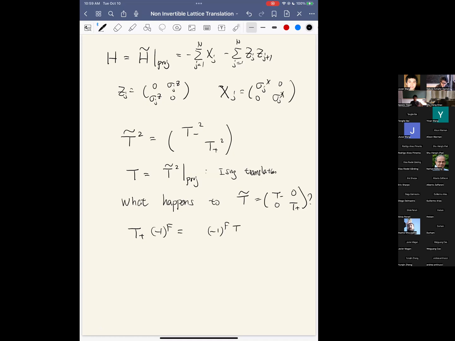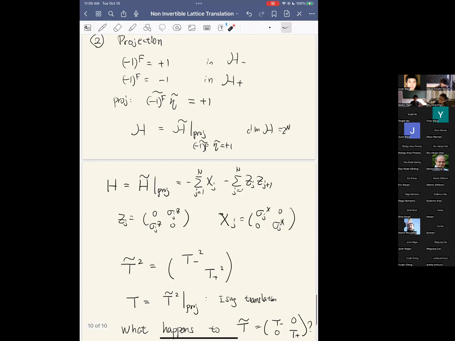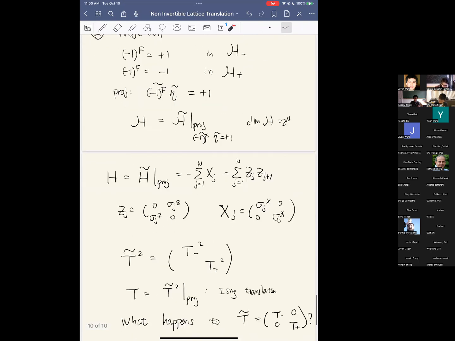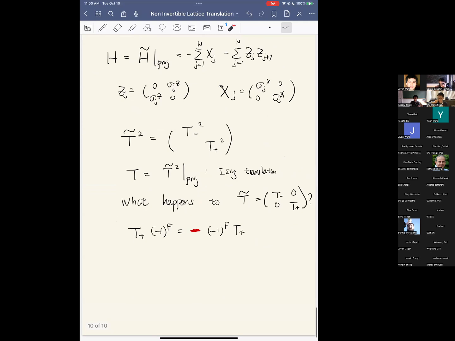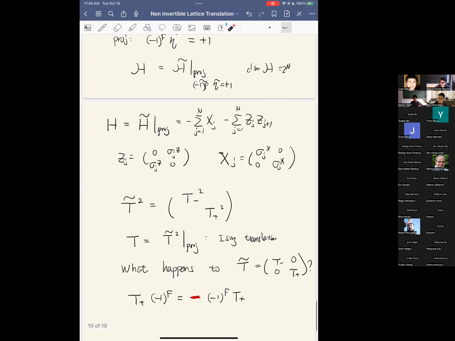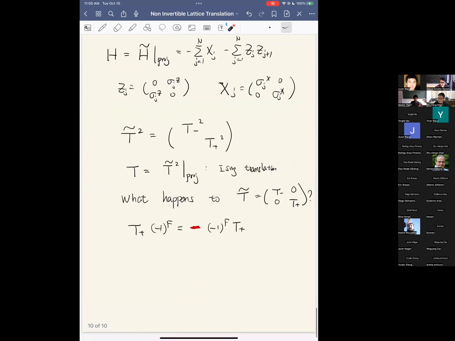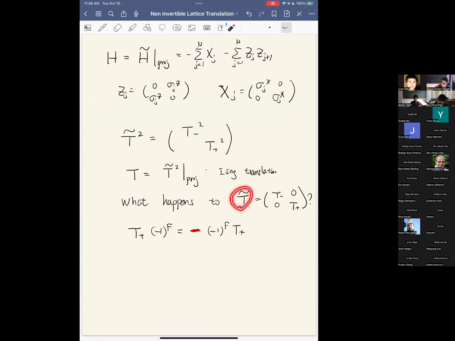And that was the single most important minus sign, which signals an anomaly in the Majorana system we talked about before. Because of this sign, this operator t tilde does not survive the projection right here. It's not an operator acting on the projected Hilbert space. It would take you outside this projected Hilbert space. So how do we fix that? We simply don't have this t tilde in the projected Hilbert space.